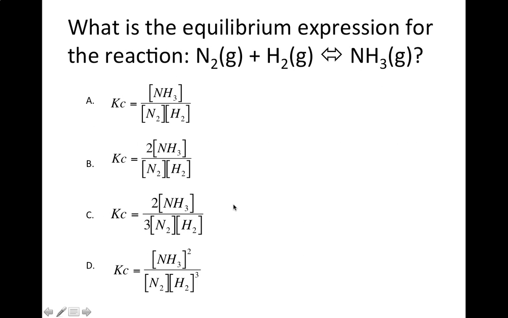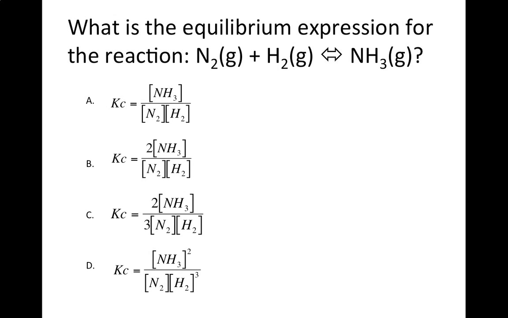So let's take a look at this problem. Which of these would be the equilibrium expression for the reaction of N2 plus H2 in equilibrium with NH3? Well, first of all, I need to have a balanced reaction because that's not balanced there. To get it balanced, I would put a 3 in front of the H2 and a 2 in front of the NH3. So products over reactants, all of them are gases, so all of them are included.